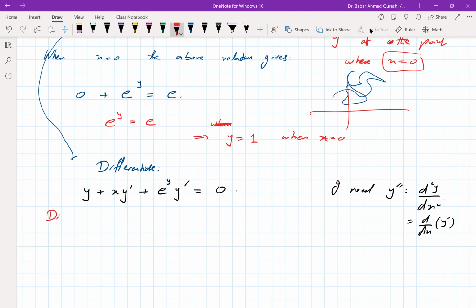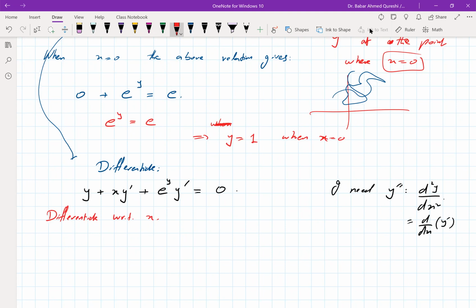because when I differentiate, I will be differentiating the terms involving y dash, and those will create for me a y double dash.